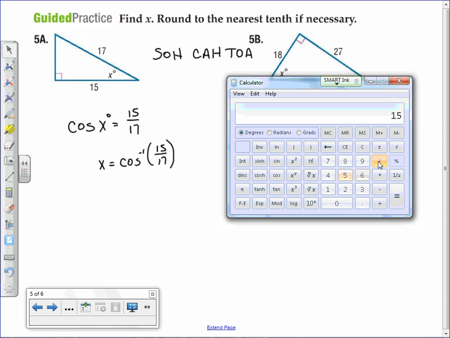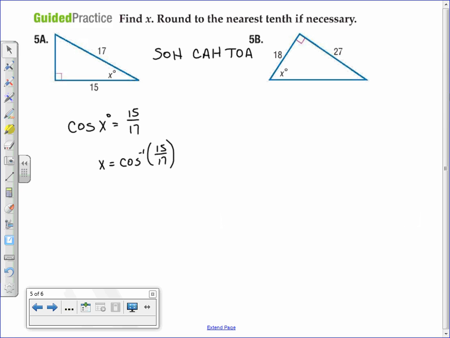So 15 divided by 17 is equal to this number. And now I'll just do inverse cosine. You push your inverse button, it gets you the cosine. And there you go. I'm going to call that a 28.1 degree angle. So x is approximately 28.1 degrees. Let's look at this second example.